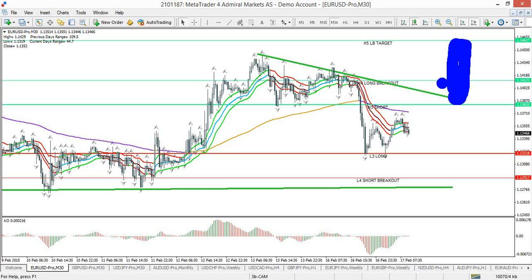The H5 I think is a conservative target, by the way, if that happens, because looking at the space, I think there's a lot more left than that. So I wouldn't necessarily see H5 as the target. But I would see H4 as a trigger for a potential long.